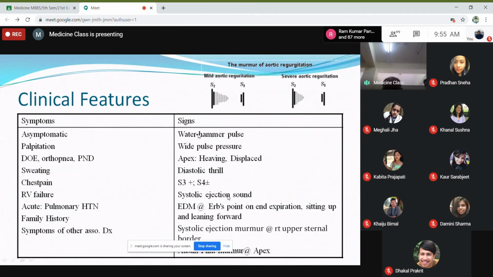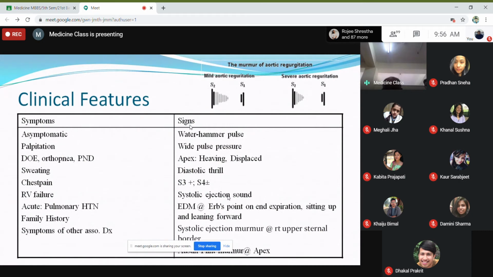In the signs, there are many signs in aortic regurgitation, and all these signs are because of hyperdynamic circulation. The patient may have a water-hammer pulse or wide pulse pressure. So the patient may have a blood pressure of around 120 to 130 systolic, but diastolic may be 20, 30, or even zero also.